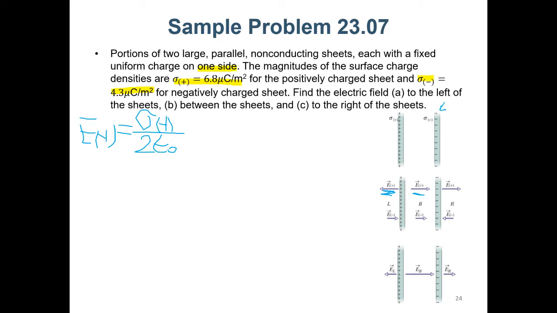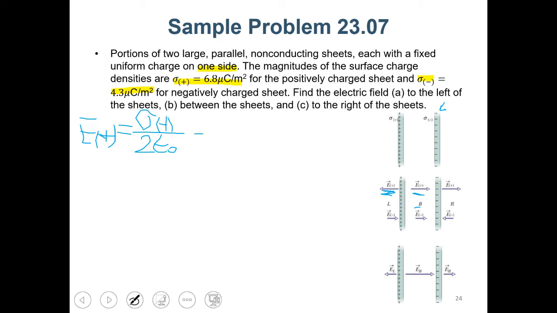we can just ignore this plate first. So it will generate an E field by the positive plate. For the L part, it will point to the left side. At the B and R parts, it will point to the right side.